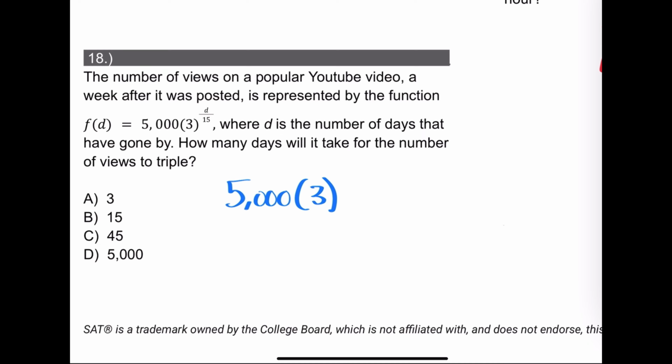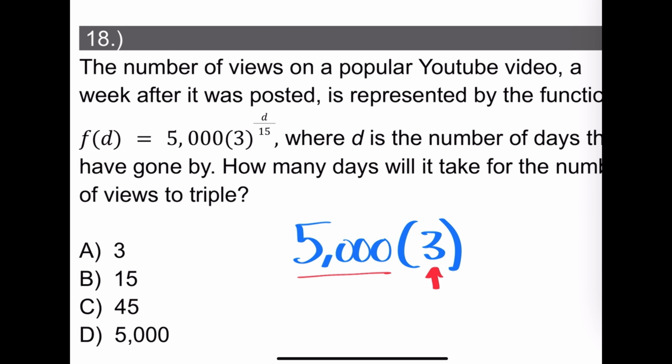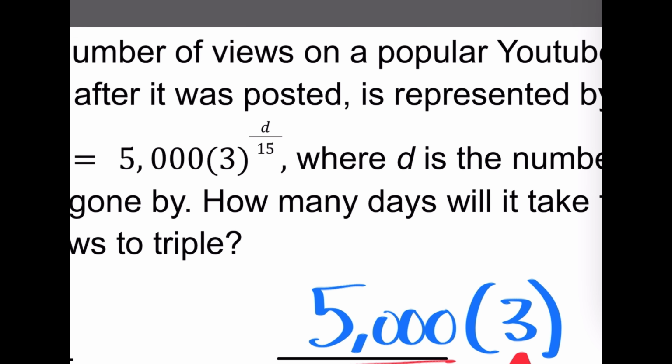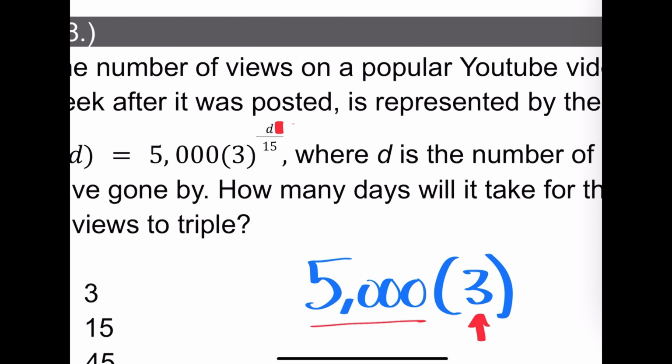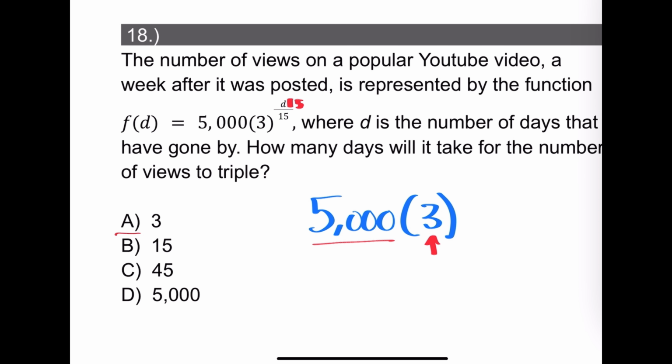Well, they're starting out here with 5,000, and if we just multiply it by 3, it's going to triple. So really they're saying at what value would this be to the power of 1? If we zoom in here, 15 over 15 would be 1. So it's that simple. B is your correct answer. Moving on.